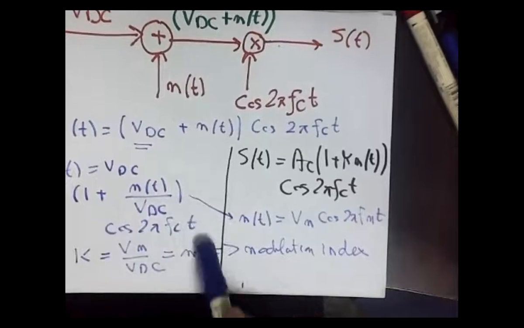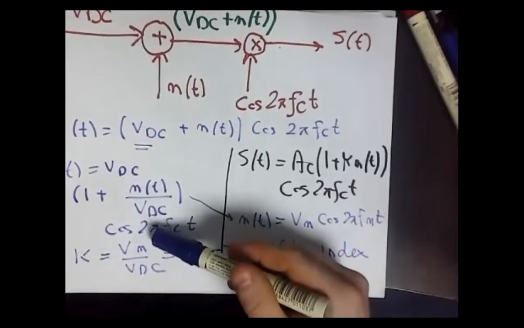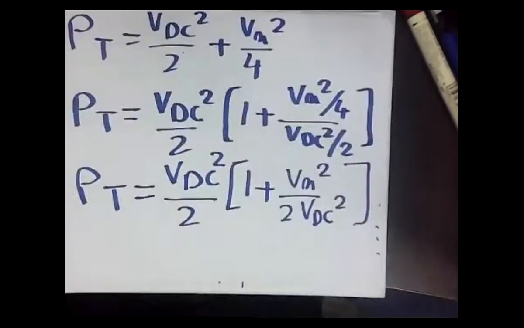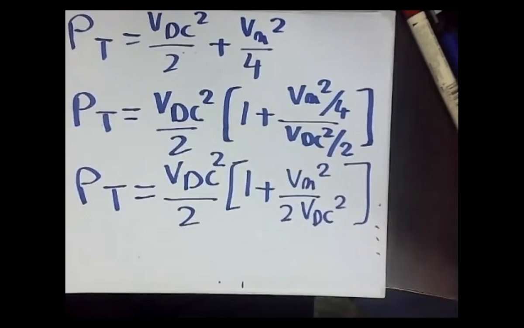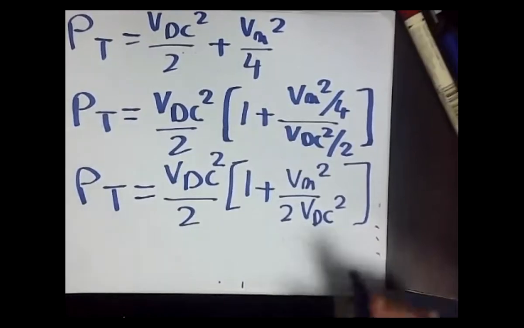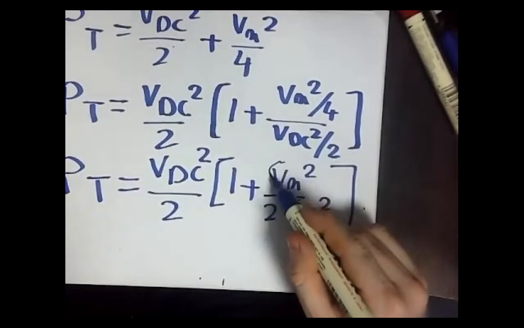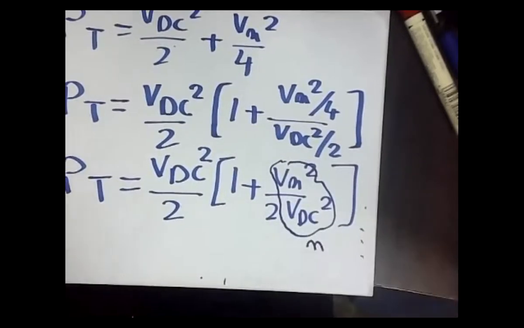Do you remember this? So now I can remove VM over VDC and put M or K, the modulation index.